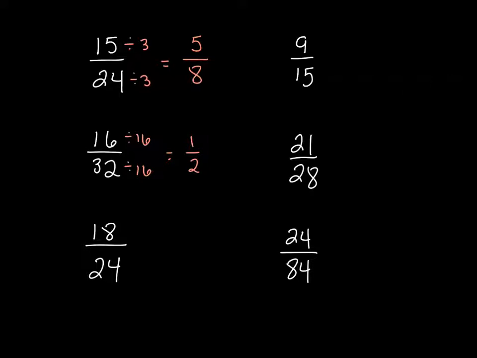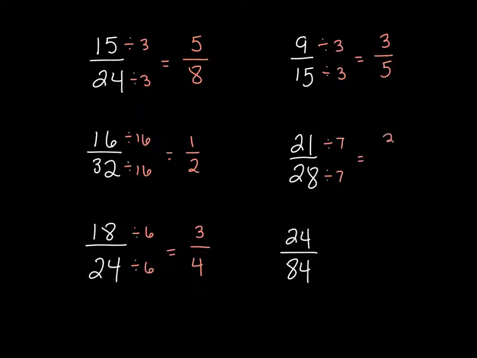All right, and then 18 over 24. We can divide both of these by 6. 18 divided by 6 is 3. 24 divided by 6 is 4. 9 and 15 can both be divided by 3. So that gives me 3 over 5. 21 and 28 can both be divided by 7.